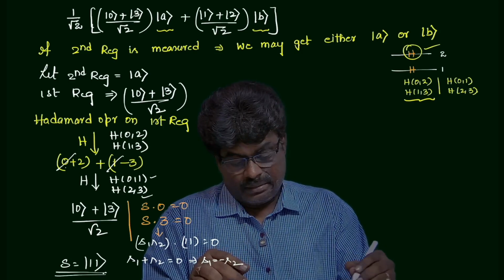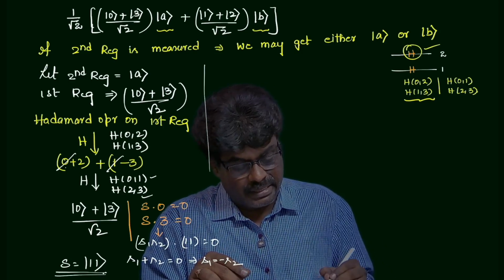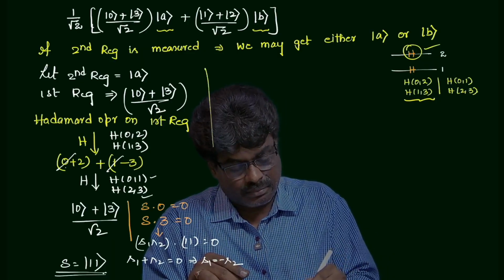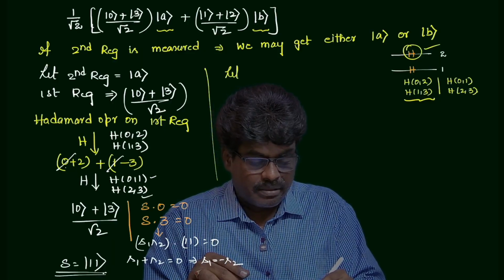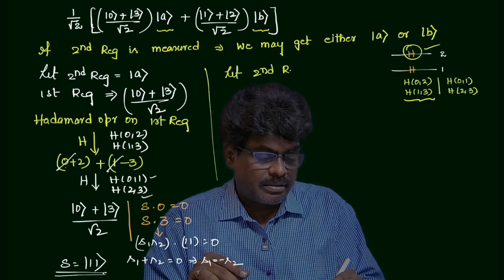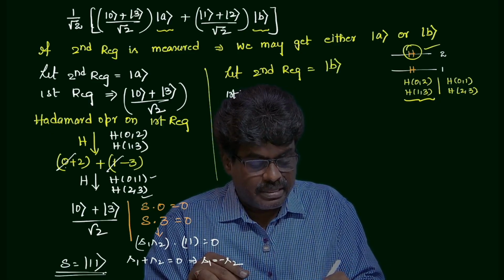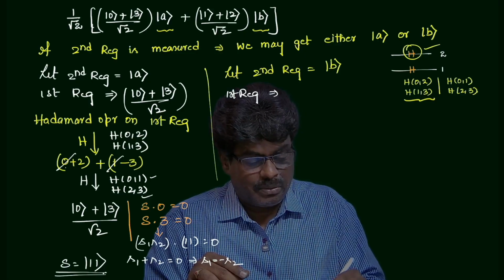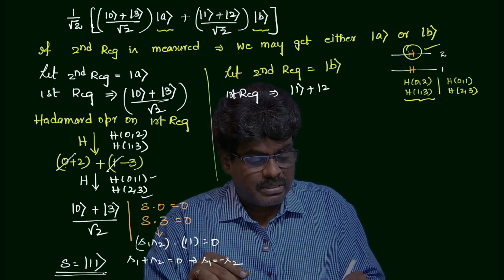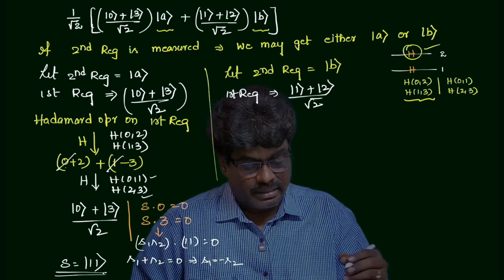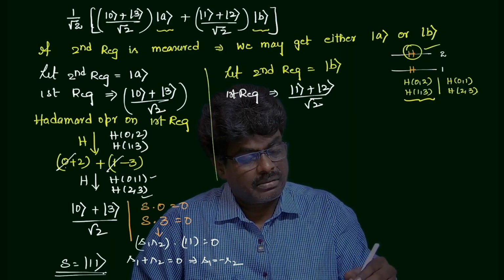If I get the second register as B, let us find this also. Now let the second register equal B. Then the first register collapses to 1 plus 2 over root 2. Now again I am taking this Hadamard operation.